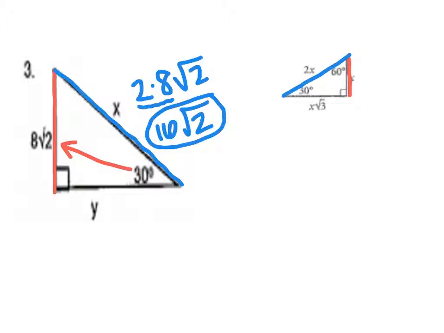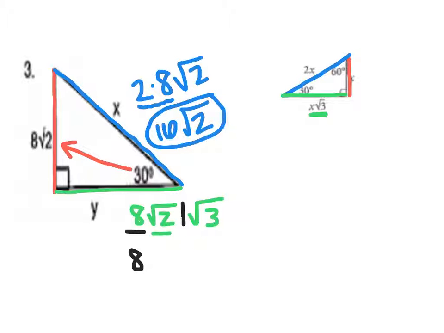Alright, your long leg is the only thing we're missing now, and the long leg is x, the short side, the red side, times the square root of 3. So that would be 8 square root 2 times the square root of 3. When you multiply square roots, you multiply your coefficients, so 8 times 1 is 8, and then 2 times 3 in the square root is 6.